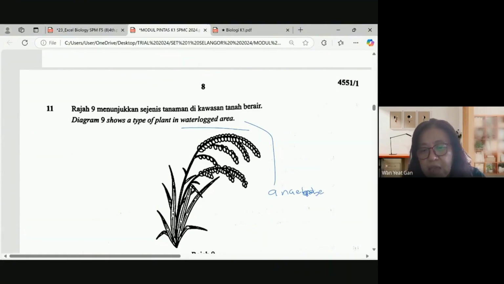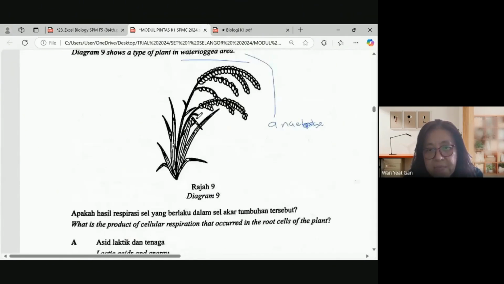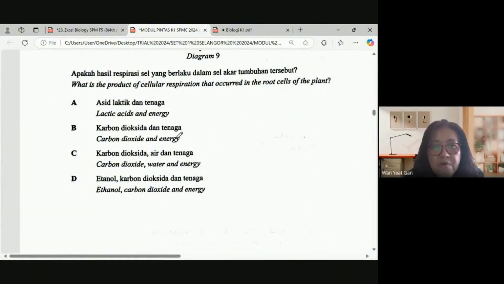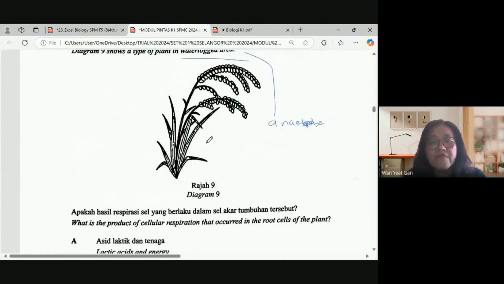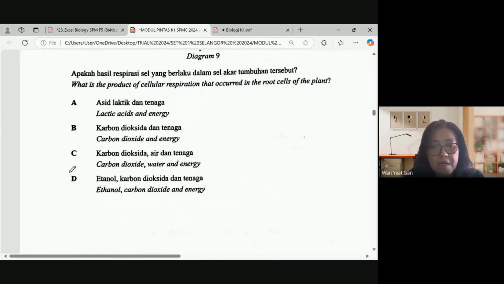So an anaerobic condition will result in the paddy undergoing ethanol fermentation or alcohol fermentation. So alcohol fermentation will produce ethanol, carbon dioxide, and energy.